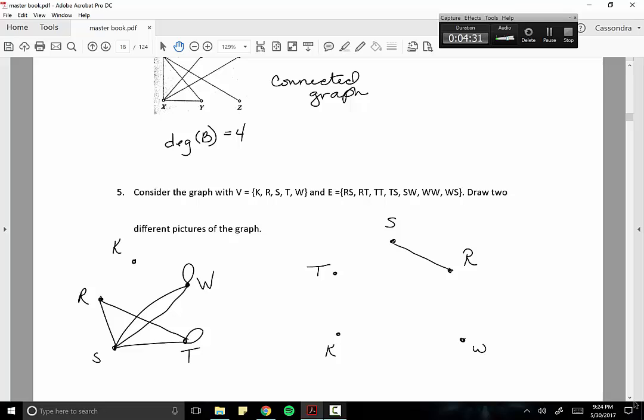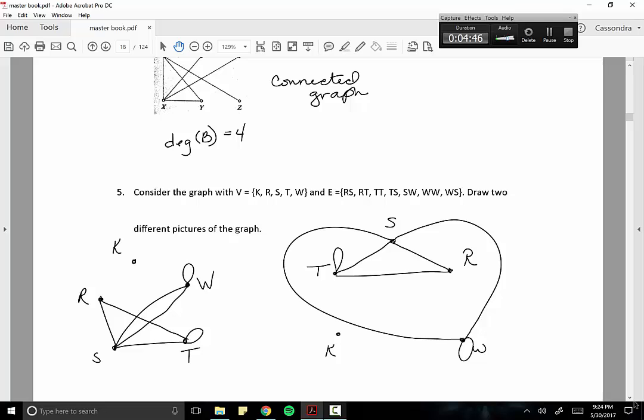So RS, RT, TT, TS, SW, WW, WS. These graphs are the exact same graph, they just look different. Does not matter where the vertices go, it matters where the edges are connecting them.